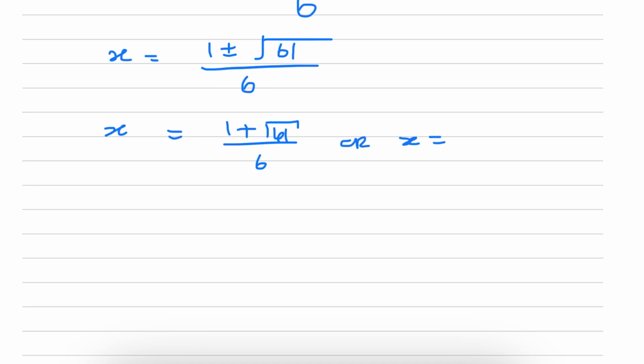And the second solution would be x equal to 1 minus the square root of 61 divided by 6. So you could punch this into your calculator to get some surd or decimal answer, but I'm more than happy with this being my solution. So we'll just stick to this and call it a day.